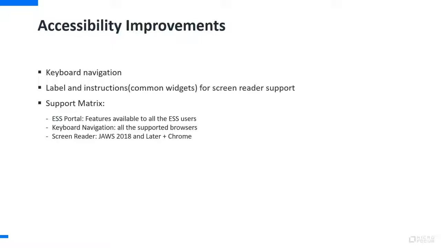Not all of them are supported by the screen reader from the May release, but please note that for the keyboard navigation, all the supported browsers in the SMA can be supported as well. But for the screen reader, we mainly focus on the combination of JAWS 2018 plus Chrome, because during the lab testing, we did find many problems supporting the screen reader with JAWS, and Chrome has a better testing result.